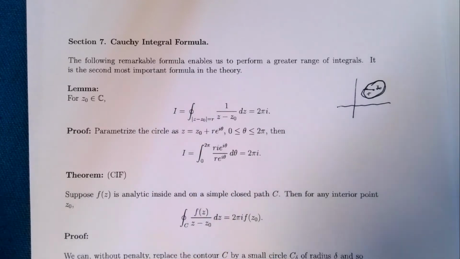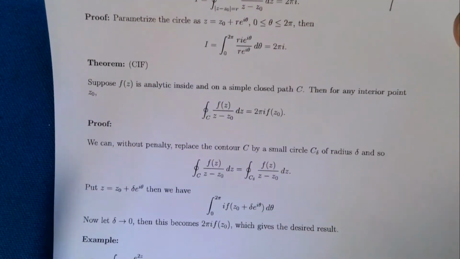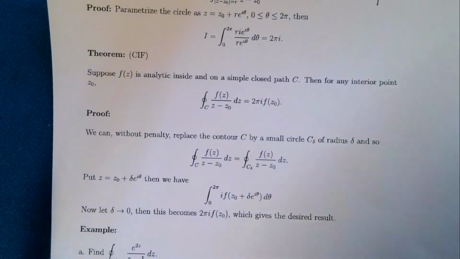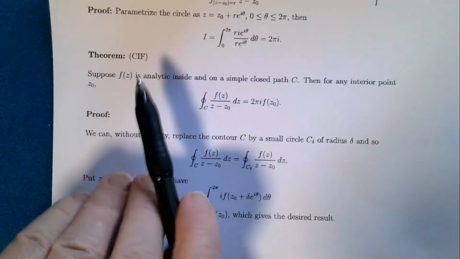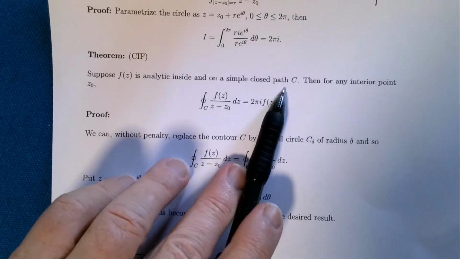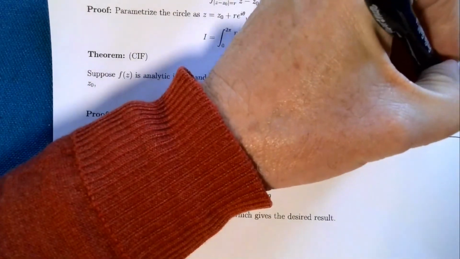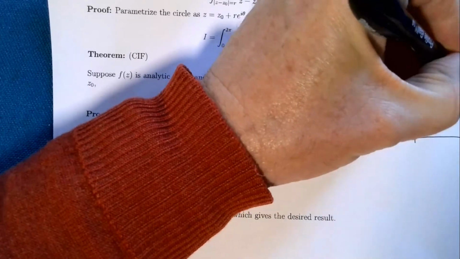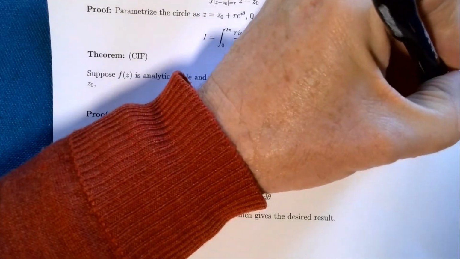Now, from that we can prove this more general result, the so-called Cauchy Integral Formula, which I'll call CIF from now on. Here we take any function which is analytic inside and on a simple closed path C. The picture this time is: we have any closed path C, and we take z0 to be an interior point.